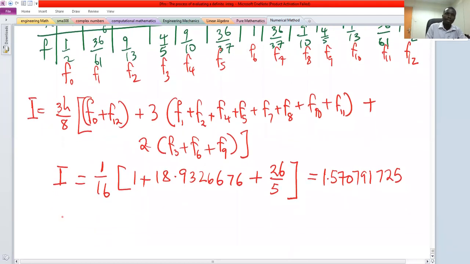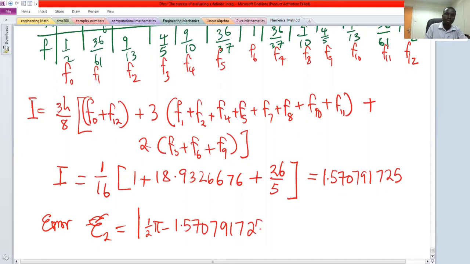And you can find the error by saying the error is a half pi minus 1.570791725. This will give you 4.6017949 times 10 raised to the power minus 6.